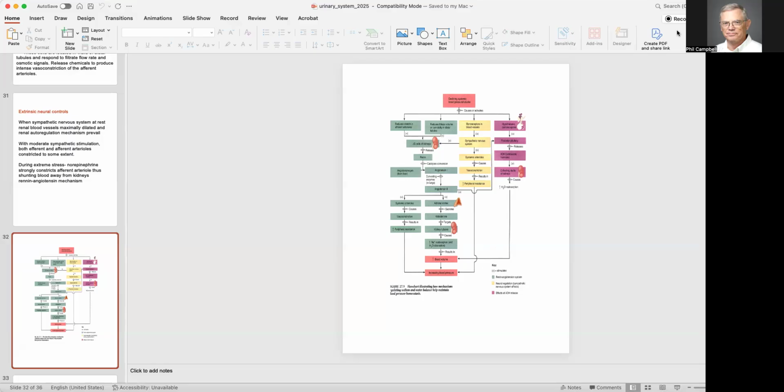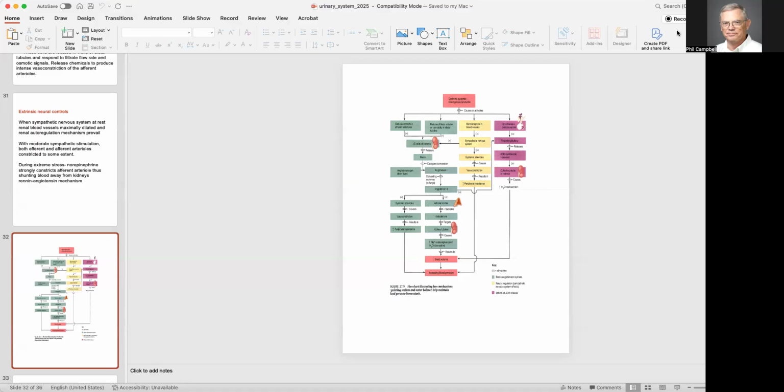Angiotensin 2 has multiple effects. Number one, it will go to the adrenal cortex and promote the release of aldosterone. Aldosterone then facilitates the reabsorption of sodium. Water follows. We have an increase in blood volume, an increase in pressure. It also induces vasoconstriction, which increases peripheral resistance, which increases blood pressure, as we've talked about in the circulatory system.